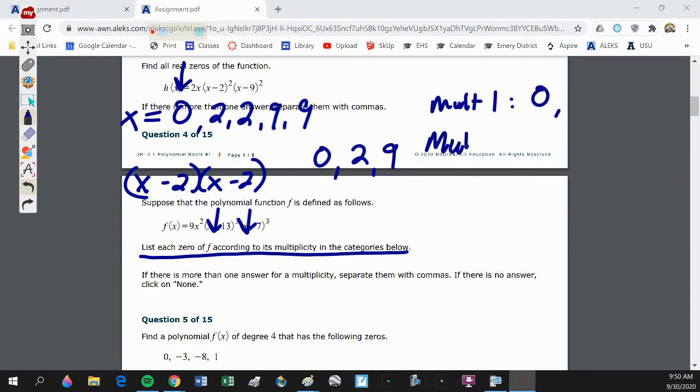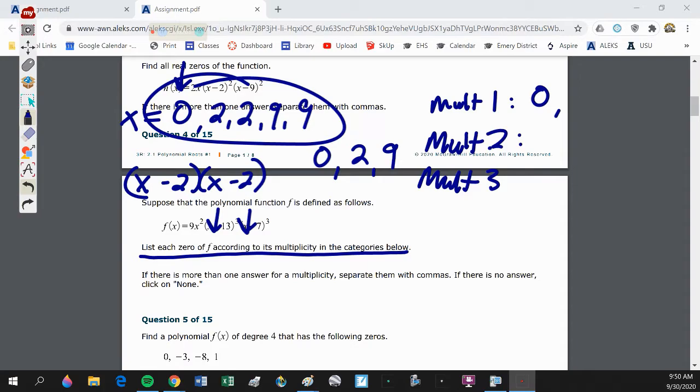And then we'll have multiplicity of 2 and multiplicity of 3. So in this list, which roots happen twice? 2 and 9. And in that list, which roots happen 3 times? None of them. So in some problems, you just list the roots, and you don't need to worry about their multiplicities. But in number 4, it asks you what are the multiplicities.